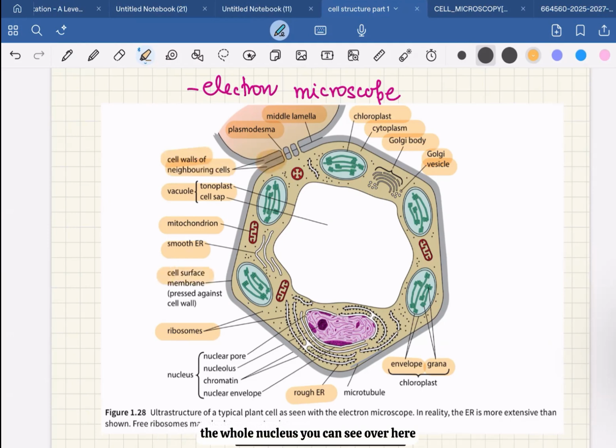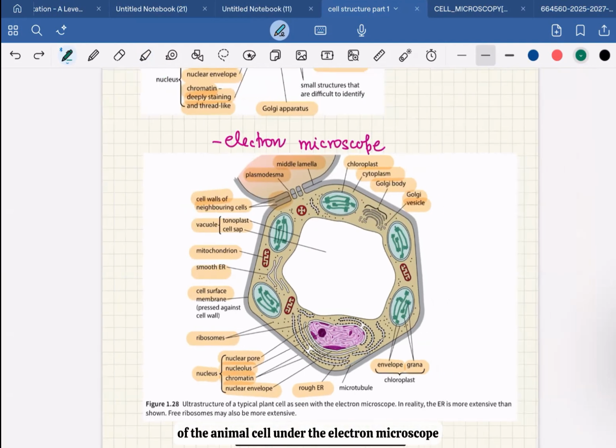The whole nucleus you can see over here, but now you can see the nuclear envelope, the double membrane nuclear envelope, as well. You can see the chromatin, the nuclear pores, and the nucleolus as well. This is the nucleolus, and these are the nuclear pores over here. Right, so this is basically the photomicrograph of the plant cell under the electron microscope.